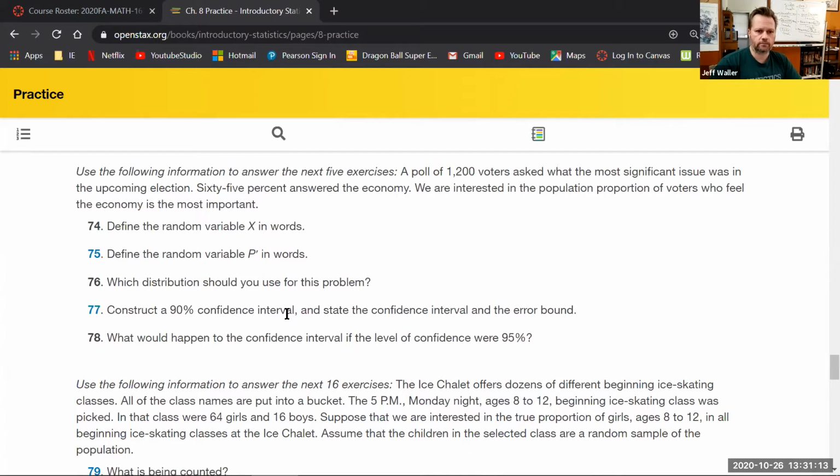So which distribution should you use to create a confidence interval? What do you guys think? Normal. Yeah, now, somebody else tell me, why are you allowed to use a normal distribution?